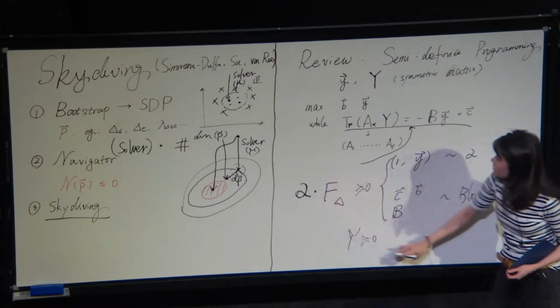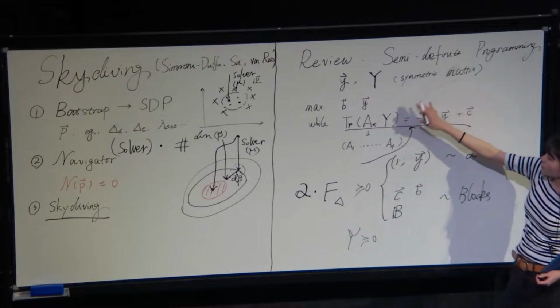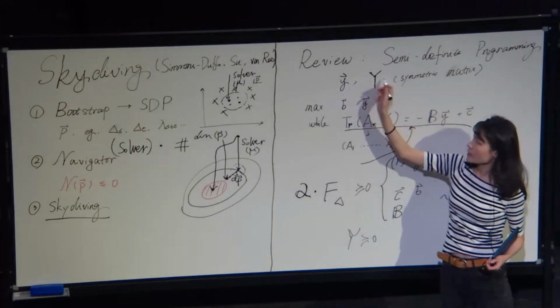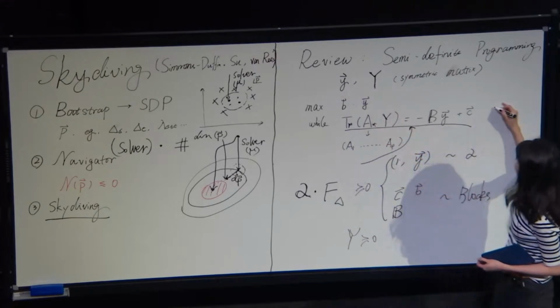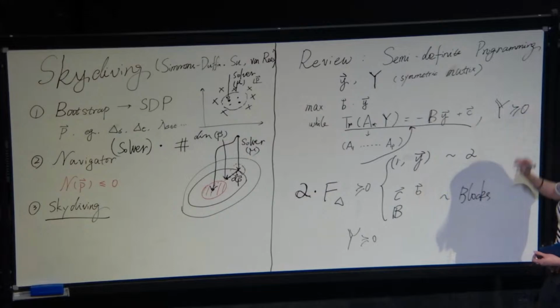So our Bootstrap problem is translated into this semi-definite programming problem, and our goal is to find such a little y and a capital Y, while the capital Y is positive semi-definite.